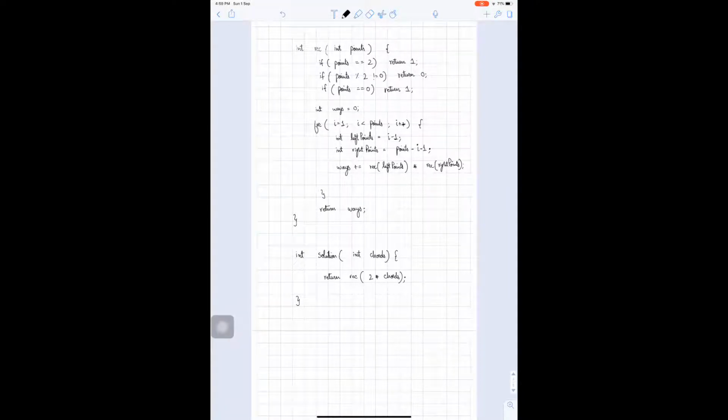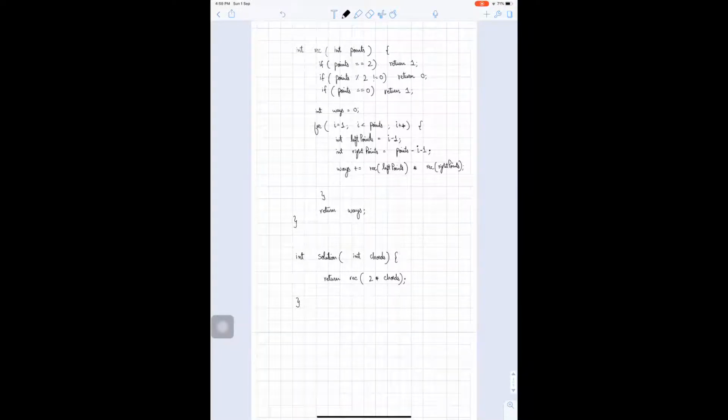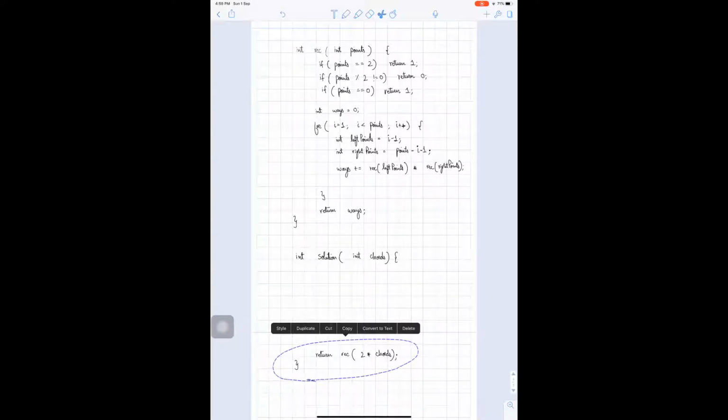So now let's quickly transform it into DP using memoization. So we need a hash map.